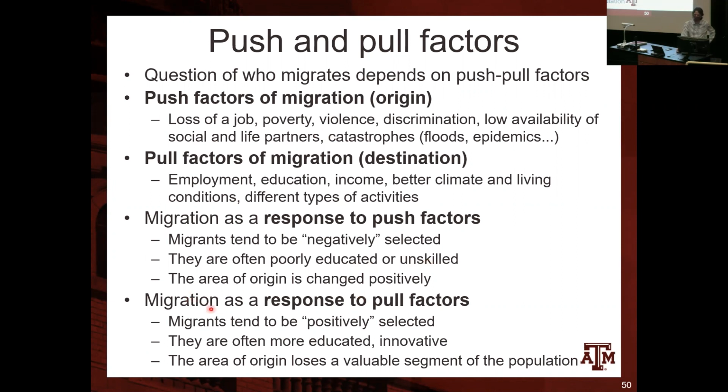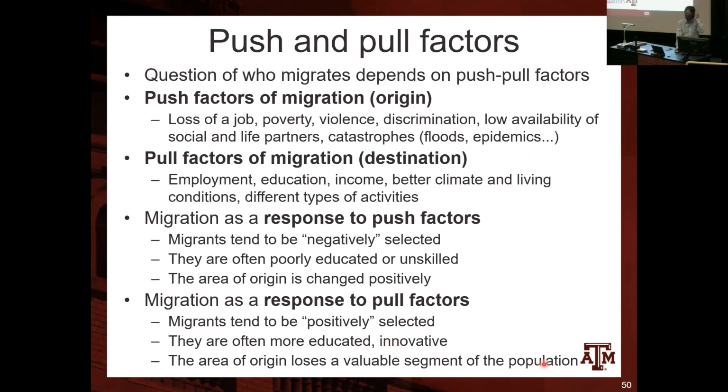If a specific migration flow happens more as a response to positive factors in the area of destination, kind of attracting people, these migrants will tend to be more positively selected. They're often more educated and innovative than even people in the destination. The area of origin loses a valuable segment of the population.